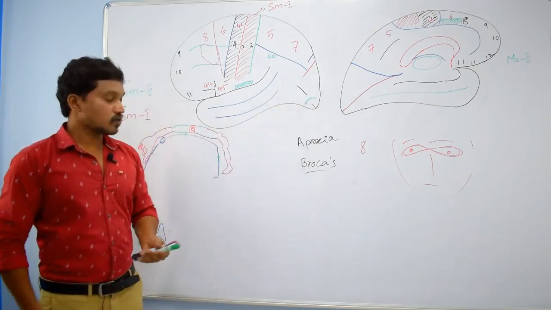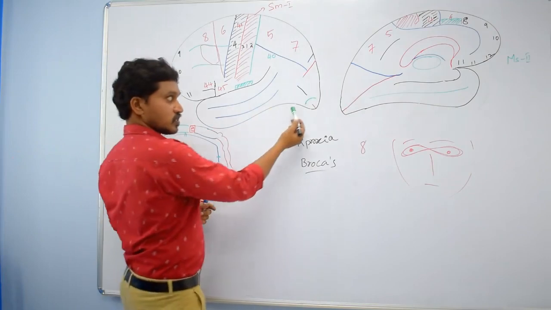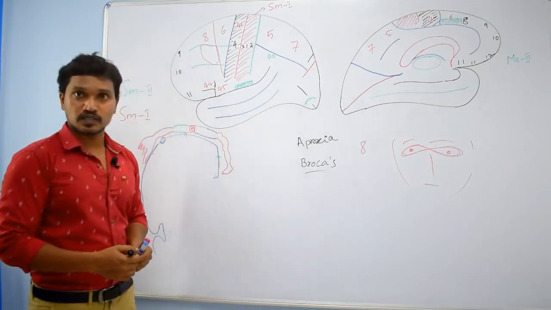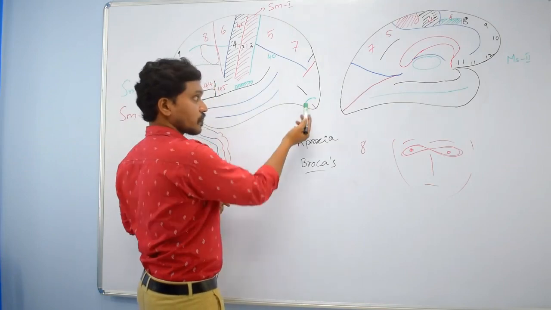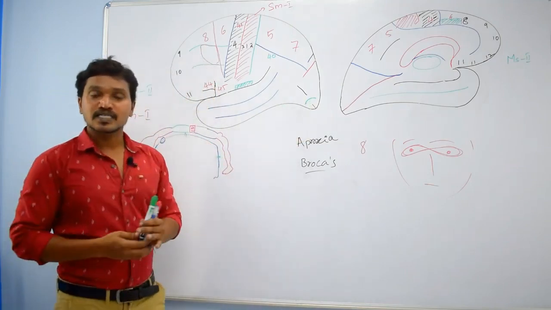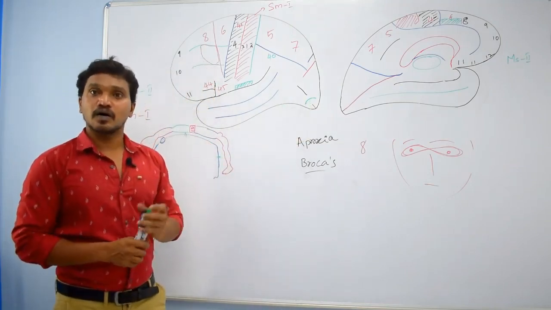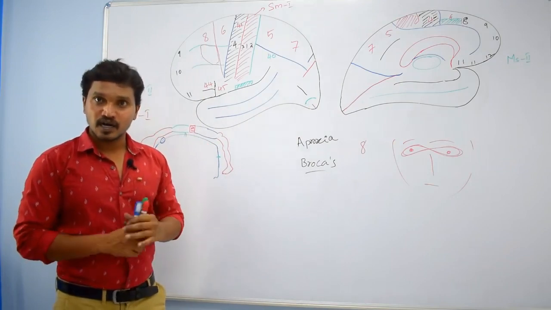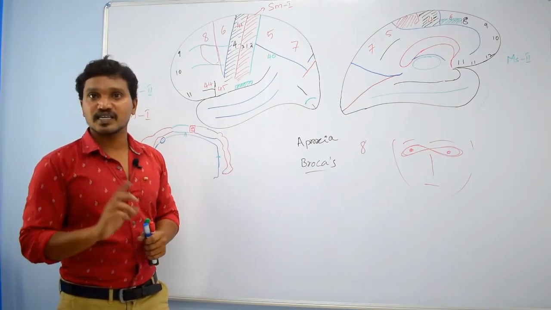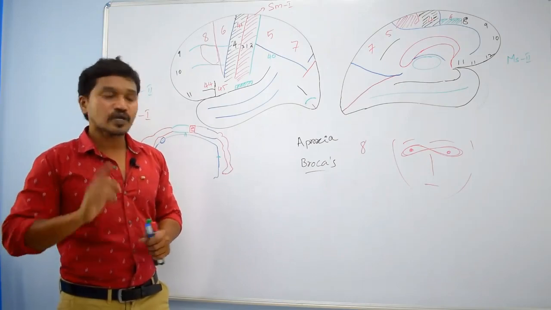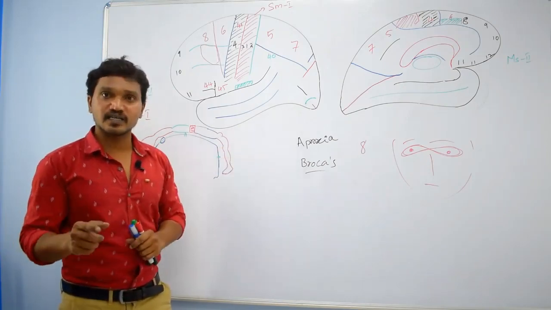In the occipital lobe, this is the lunate sulcus. This lunate sulcus separates the striate area from the parastriate area. Along the lips of it, we can find the peristriate area. Why are we calling this area striate?